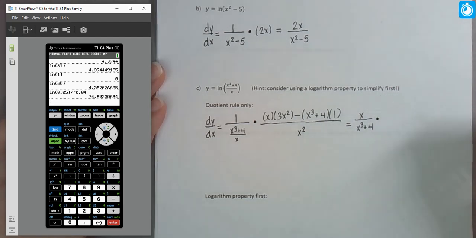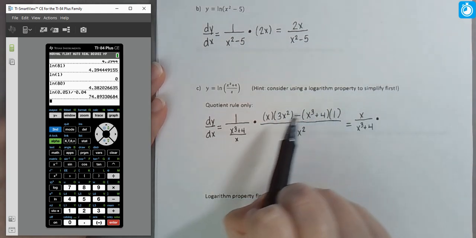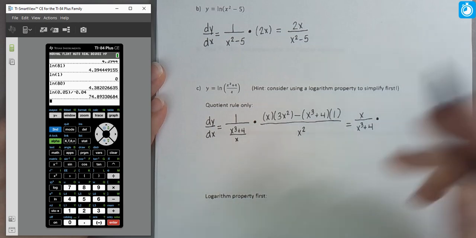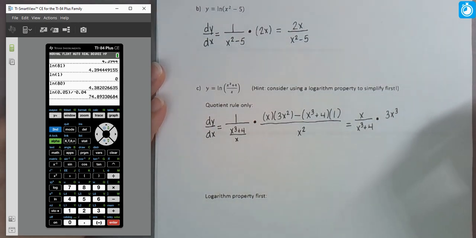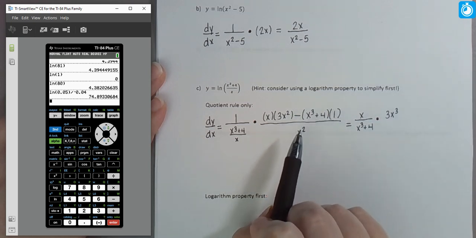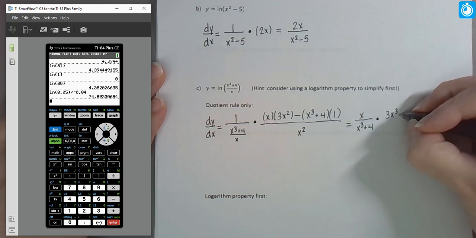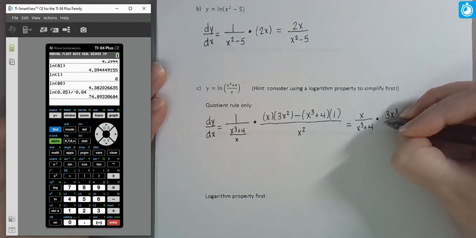Okay, now let's look at the rest of it. So multiplied by that, we have all of this. So 3x squared times x, that's going to be 3x cubed. And then multiplied by 1 and multiplied by a negative 1, we have negative x cubed, and then negative 4.